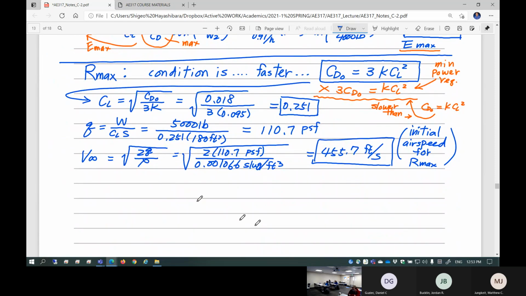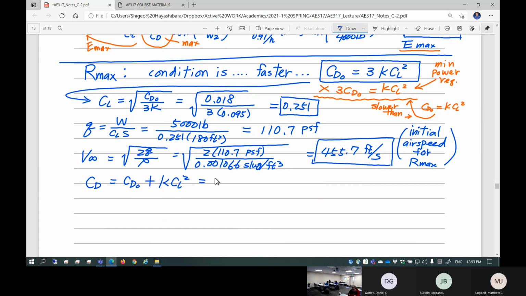So what is the actual range then? You are going to find out how much drag you have. The drag polar equation is CD equals CDO plus K times CL squared.